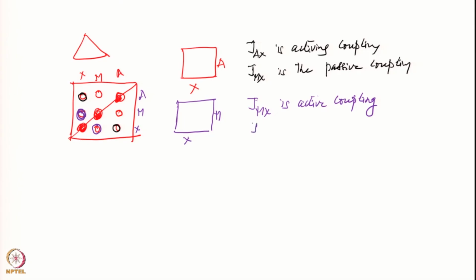Now, JAX, notice this side I have X multiplied, this side I have M multiplied. So, all the 3 couplings are appearing here, right. So, AX is the passive coupling, and JAM is also a passive coupling.